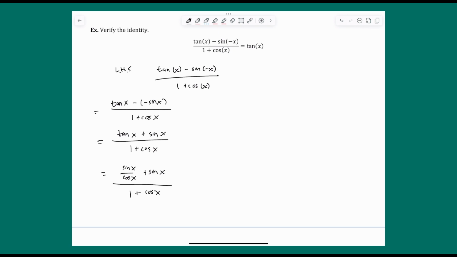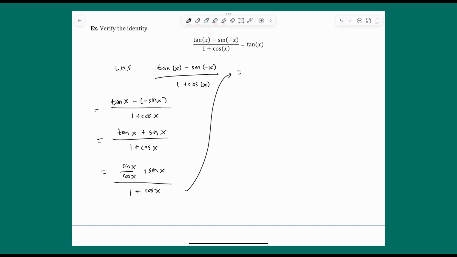All right, and now I'm going to combine my numerator. So I'm going to combine that as sine of x over cosine of x, but then finding a common denominator, I'm going to multiply top and bottom here by cosine of x, which would give me sine x cosine of x all over cosine of x.